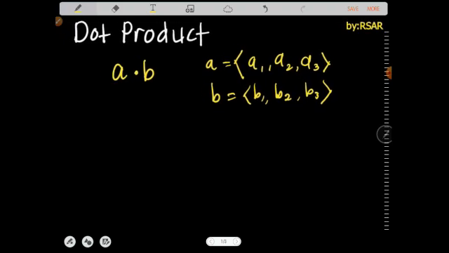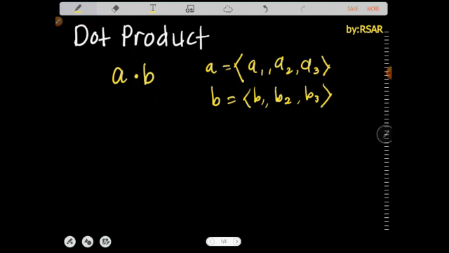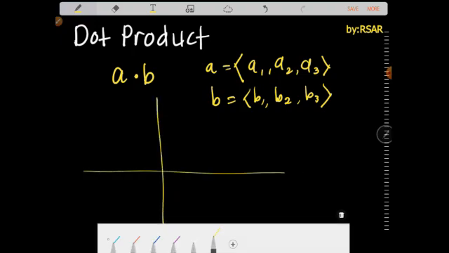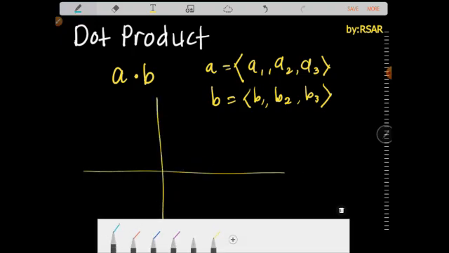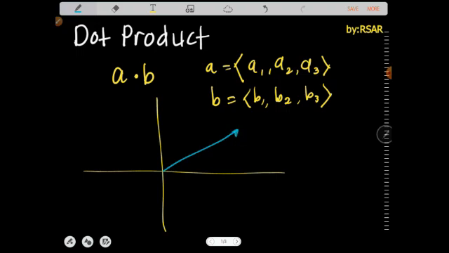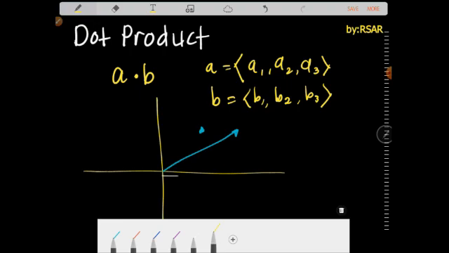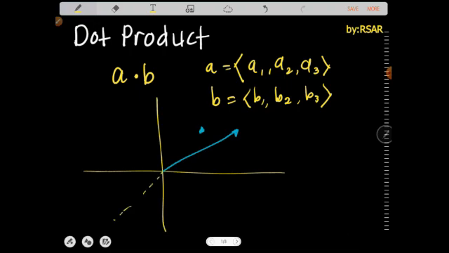Yan yung coordinates natin. So, remember, kapag meron tayong Cartesian plane, and then meron tayong isang vector. Say, for example, ito yung vector A. Okay? Meron pa yung isa. This is your X, your Y, and Z. Okay? So, ito, meron itong coordinates, yung dulo ng vector na to from the origin.